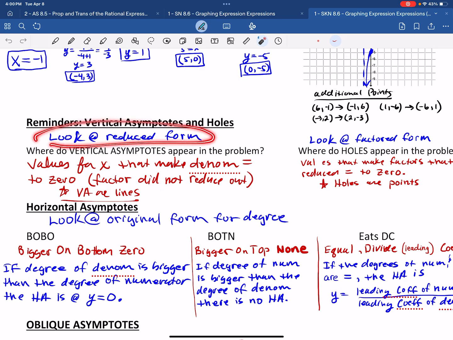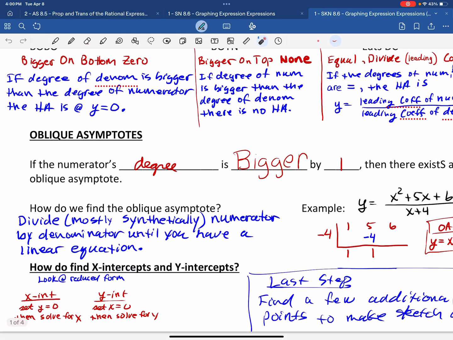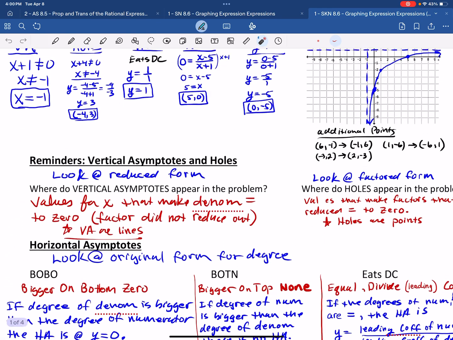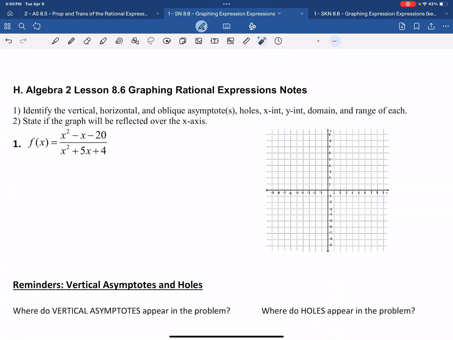We're going to have to look at reduced form here, the original form here, and the factored form here. And then down here for x-intercepts and y-intercepts, we're going to be looking at reduced form again. So let's go ahead and get this equation into those 3 forms.